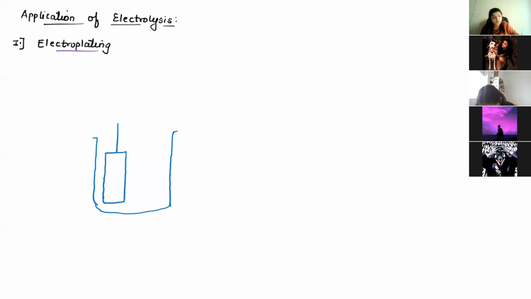There are certain rules for electroplating. You cannot just do it randomly. You have to understand how to do electroplating. So whenever we do electroplating, we will need a vessel, and there will be the metal bar, whichever metal I need to coat.